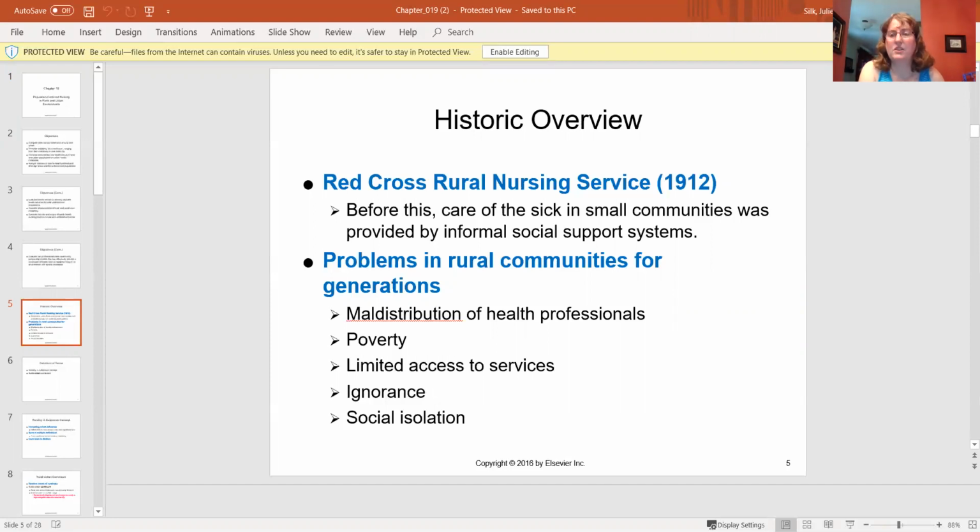Some of them have ignorance about different healthcare things, like they just don't know any better because they've never been taught. And then they're very socially isolated from the rest of the population. So that's another problem.